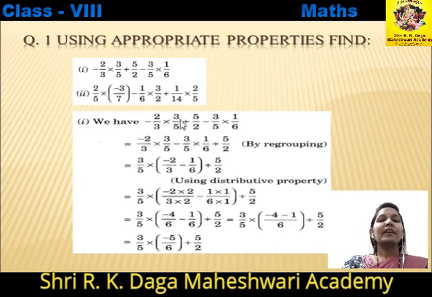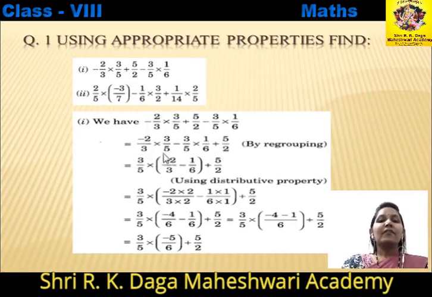We can see that 3 by 5 is in this term and in this term. So we rearrange these terms, that is minus 2 by 3 into 3 by 5 minus 3 by 5 into 1 by 6 plus 5 by 2 by regrouping.